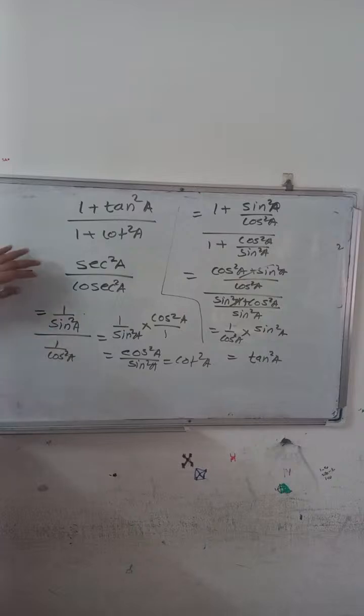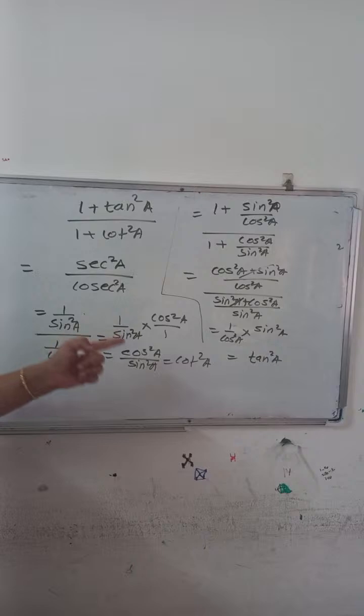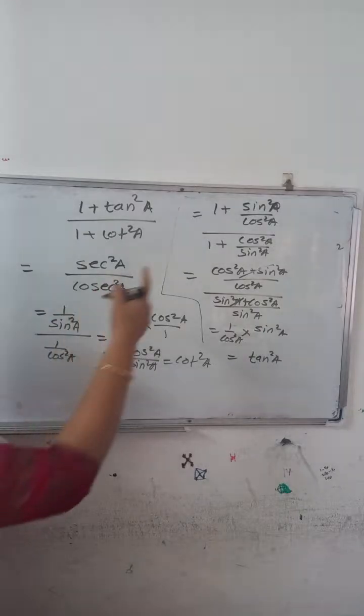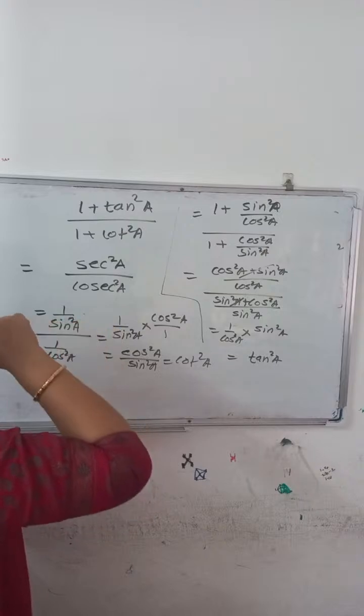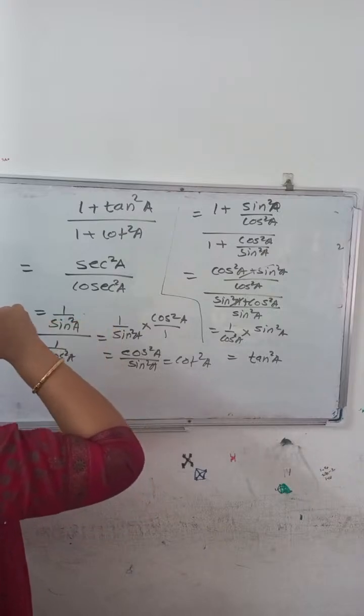Because according to this identity, sec square, cosec square A, 1 upon sin square A, 1 upon cos square A. So 1 upon sin square reciprocally cos square by 1. Cos square by sin square is nothing but cot square.